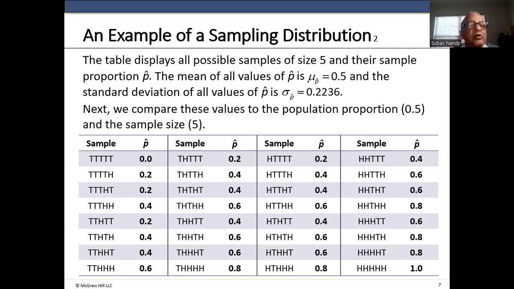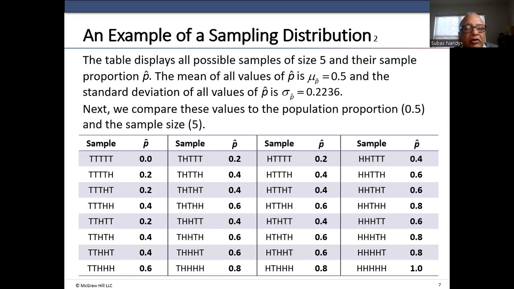So the sample proportion of heads in that particular sample is 0 because there is no head. In the next one, there is only 1 head out of 5, so the sample proportion is 0.2, and so forth. This table displays all possible samples of size 5 and their sample proportion p hat.